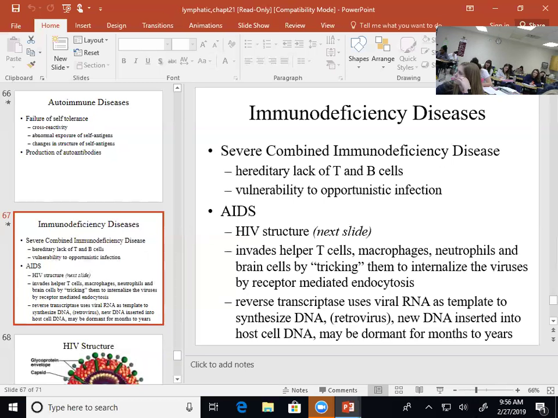yeah. And if you have this, you're going to be put in a bubble. So you're not going to be able to have human touch. Everything's got to be sterile. You know, so before modern day, these babies died in infancy because they couldn't fight off anything. They didn't have any specific immunity.